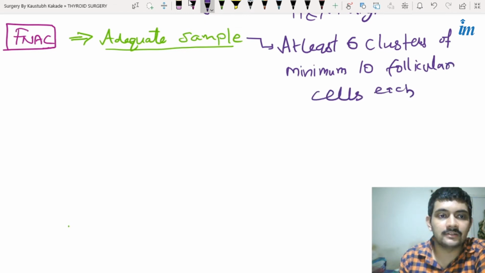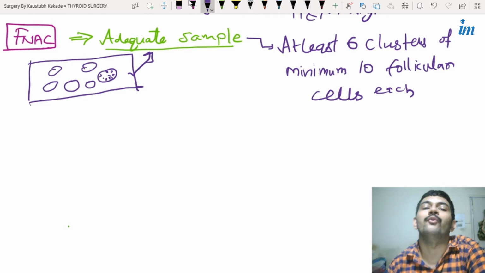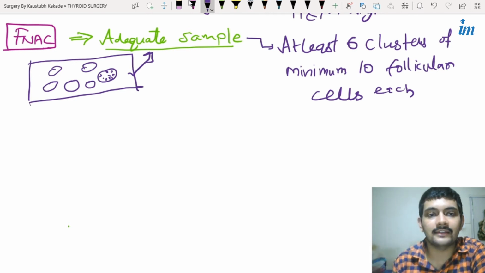Suppose this is a slide you are studying. Under this slide, there should be at least 6 such clusters, and each cluster should at least have 10 follicular cells. Only then you will call this adequate.